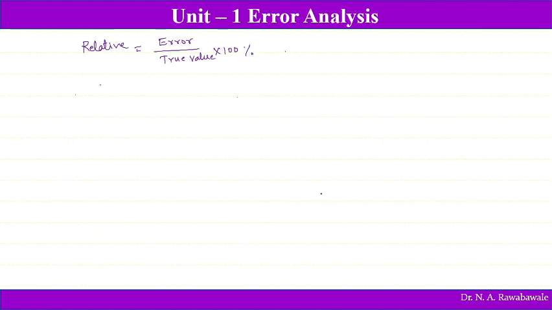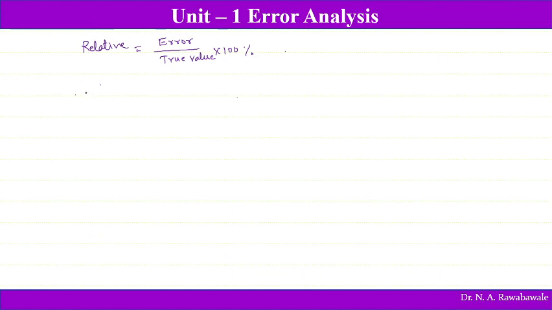In the case of numerical methods, the true value will be known, but generally in practical cases the true value of the term may not be known. When the true value is known, the error can be obtained, and that error is known as the true error.